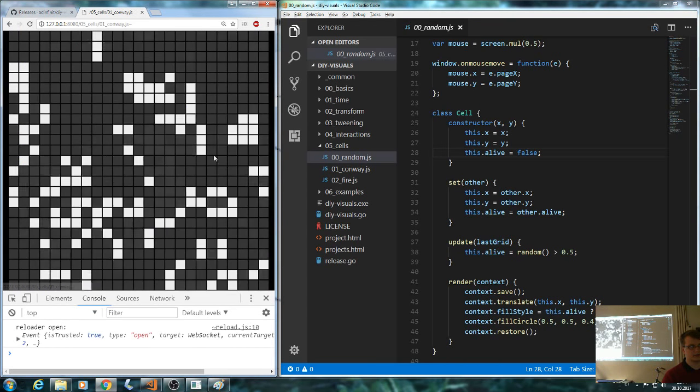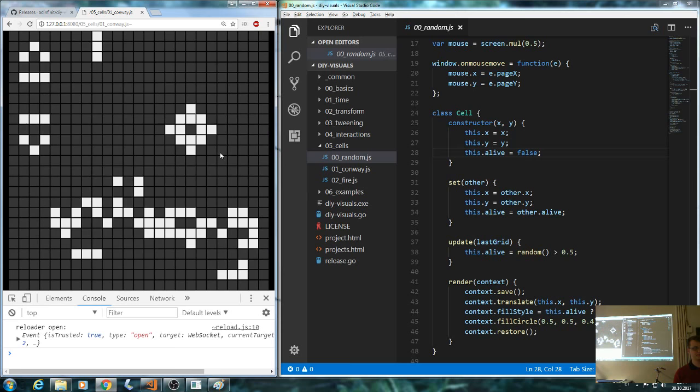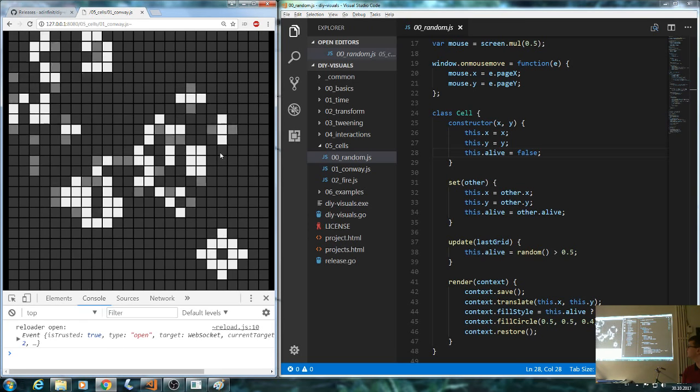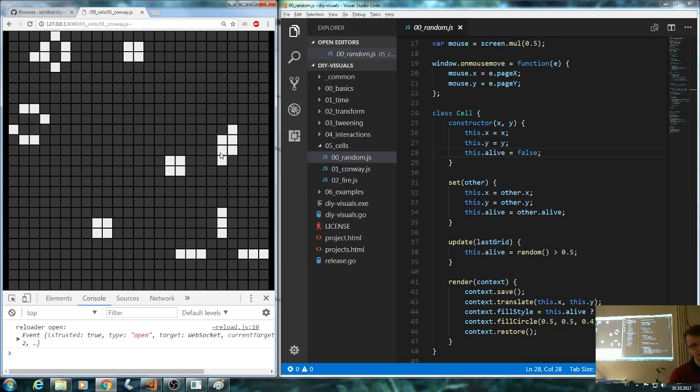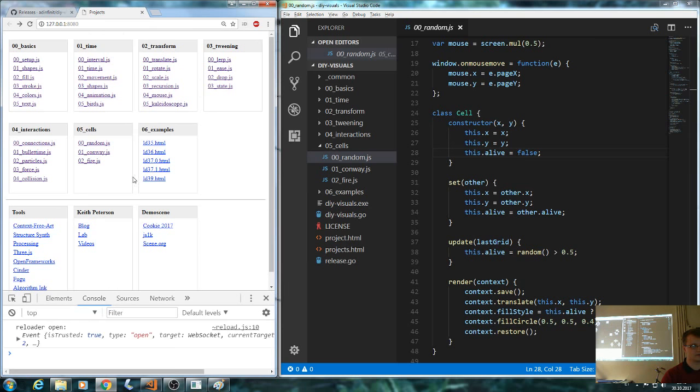And of course, one of those usual examples is the Conway's Game of Life simulation, which is based on moving things, where each of those cells depends on everything else that surrounds it. And we get this interactive behavior.